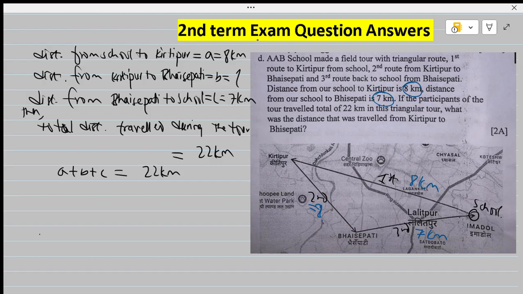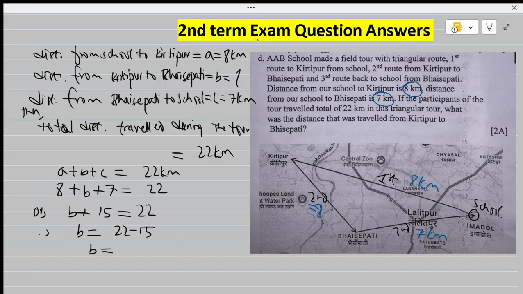So here A, the first route, is 8 kilometers, the second route B we have to find, which is the distance between Kirtipur and Vaisipati, and C, the distance from Vaisipati to school, is 7 kilometers, so equal to 22. So 15 plus B equals 22, so B equals 22 minus 15, so you get B equal to 7.